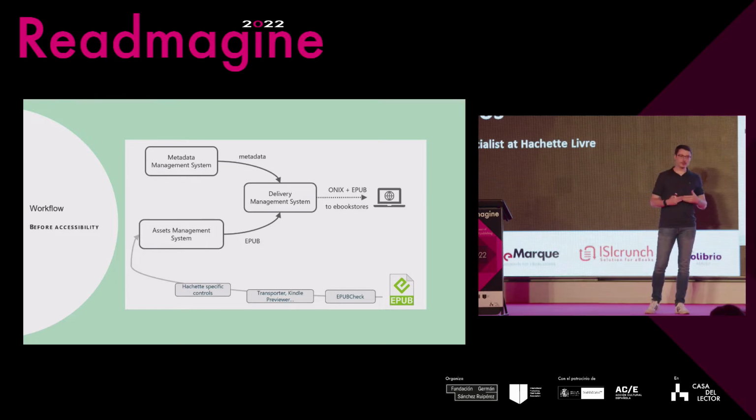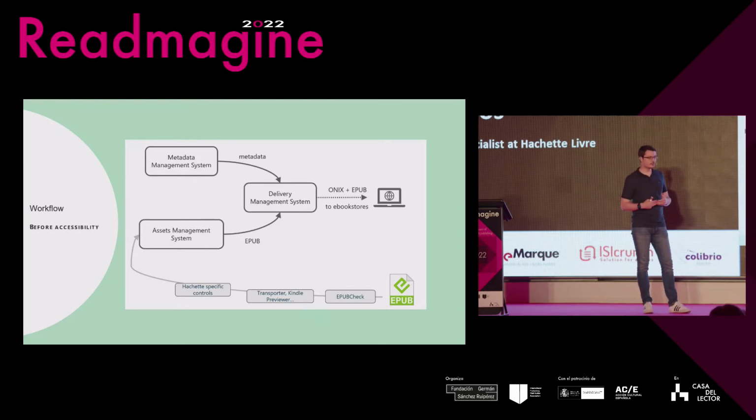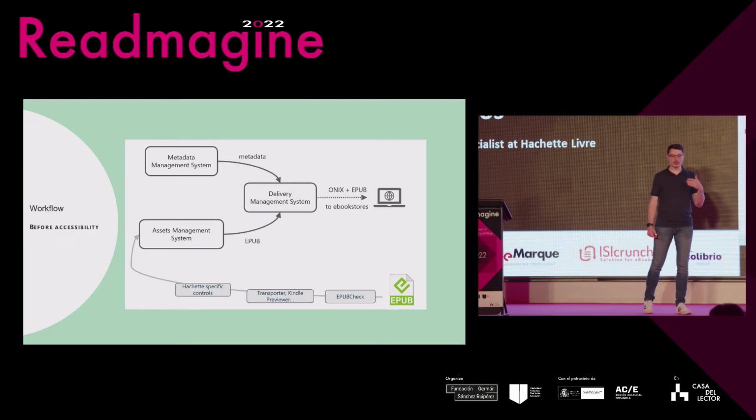At the input of our asset management system, we use all the checking tools you have in the market. So the most important one is EPUB check, of course.